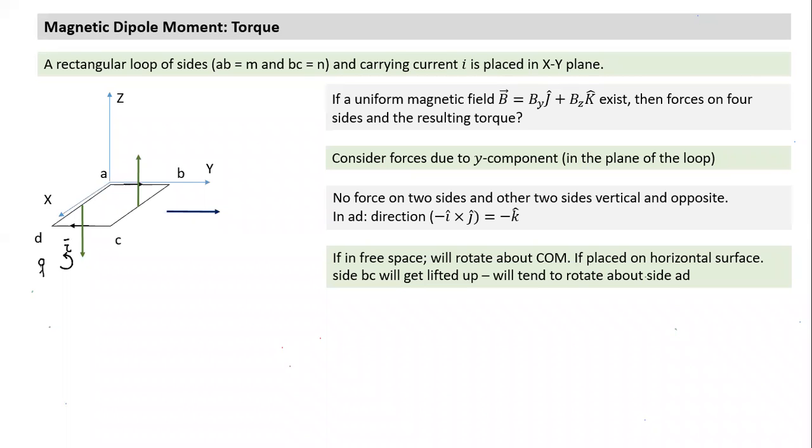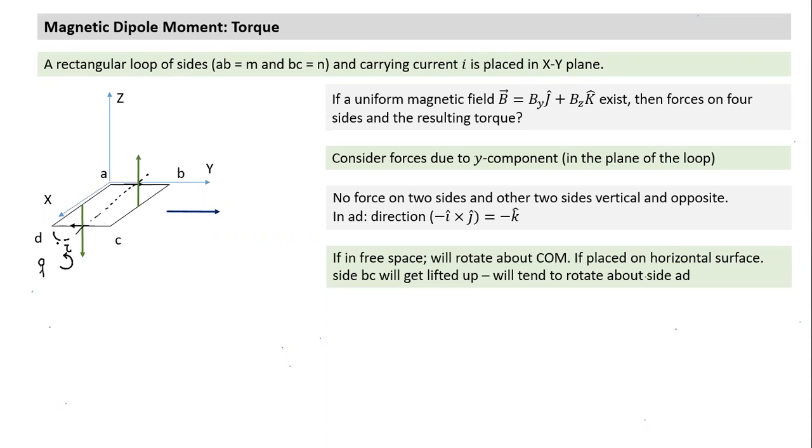Can I define the direction of this torque? If I curl my fingers along the direction of torque, my thumb points towards the plus x-axis. So i cap will be the direction of torque. In free space, it will rotate about its center of mass, about this axis.